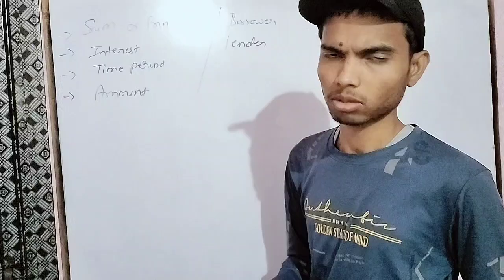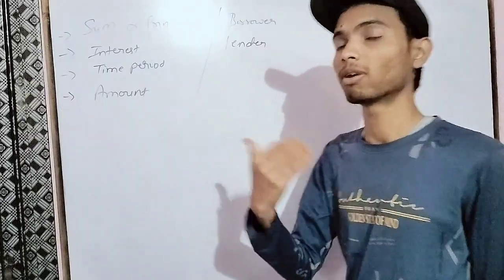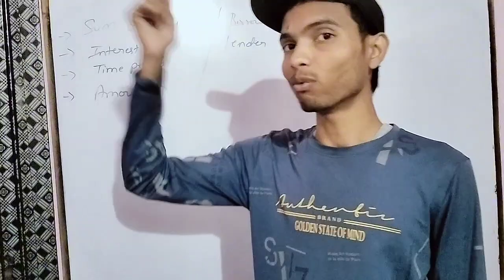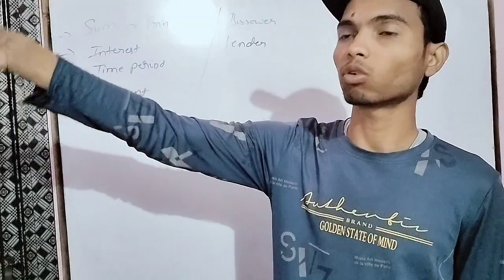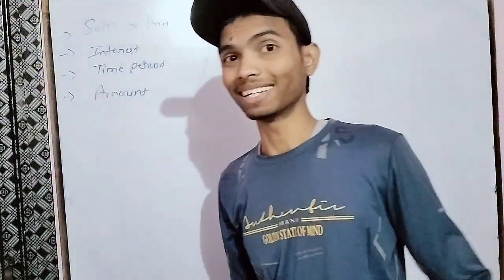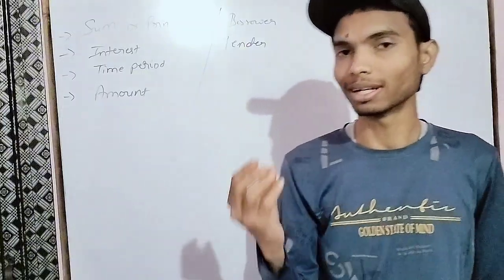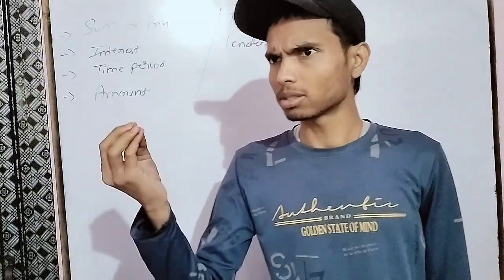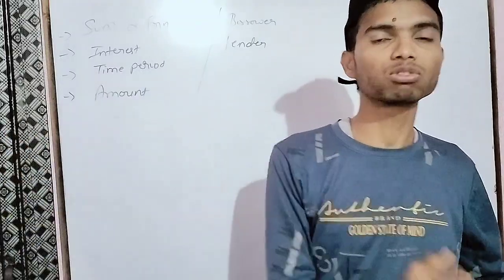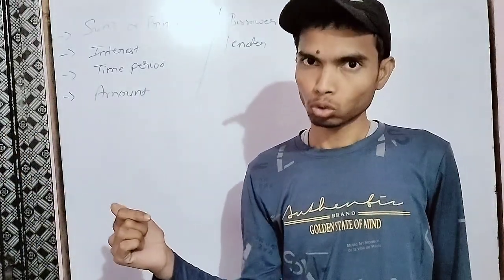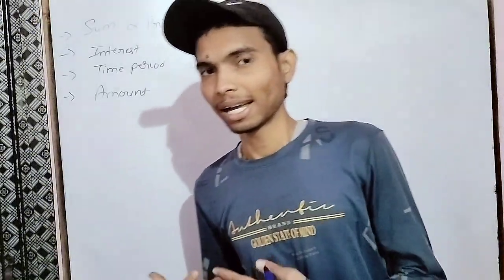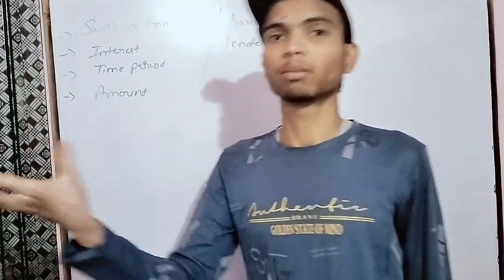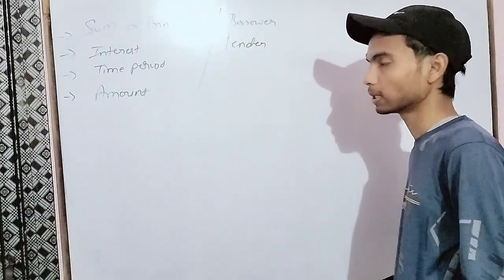Later, we will be known as the borrower person, because we have taken money from another person. The other person would be known as the lender. A lender is that person who gives money to another person, the borrower. The person who is taking money is a borrower.